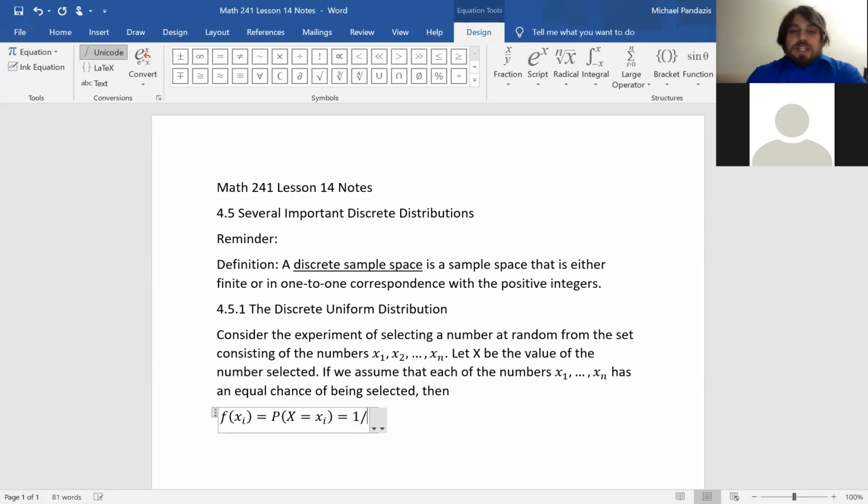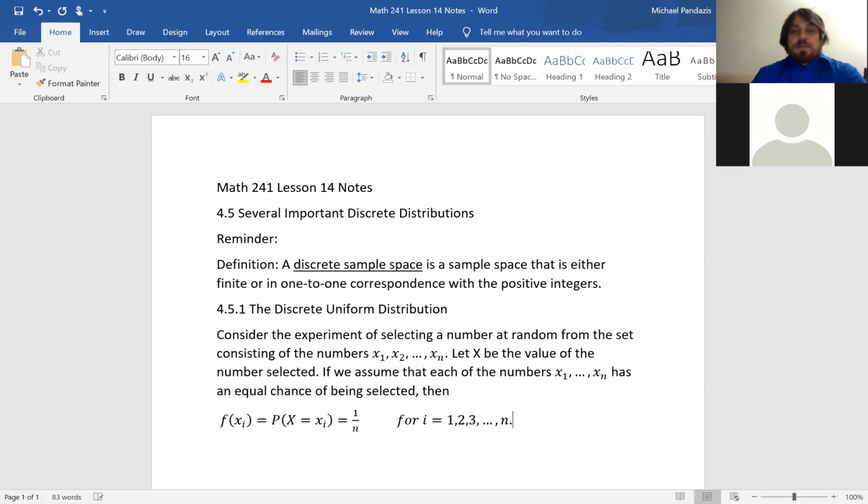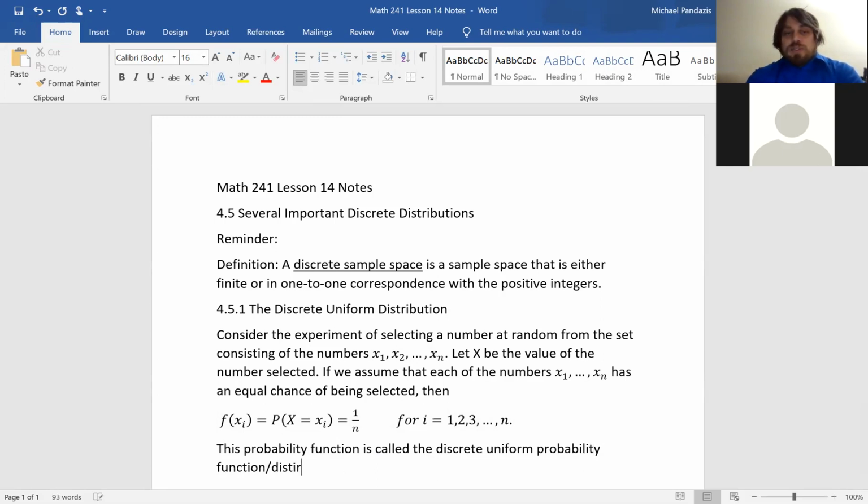And this is for i from 1 to n: when i is 1, when i is 2, when i is 3, dot, dot, dot, up to including when i is n. Okay, now let me just finish this up. This probability function is called the discrete uniform probability function / distribution.